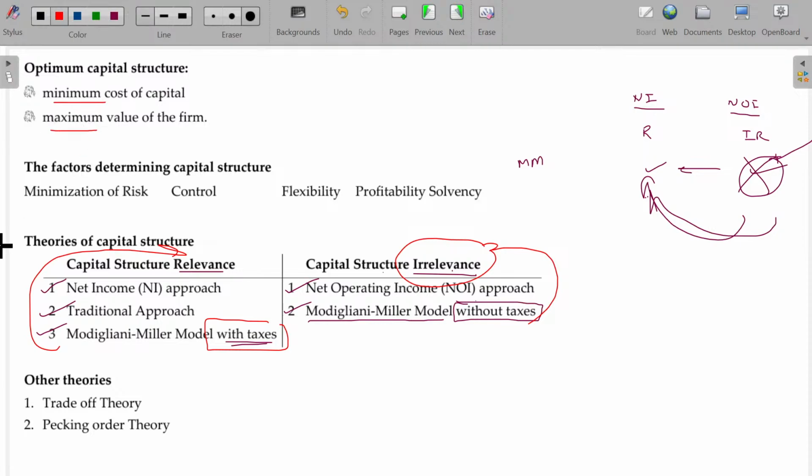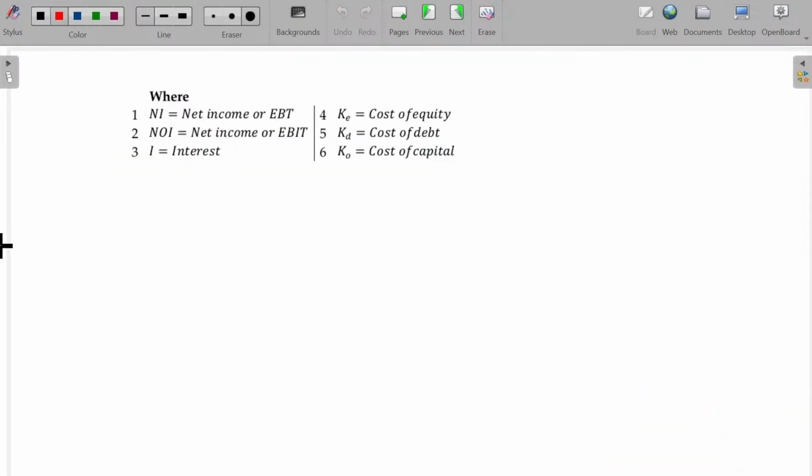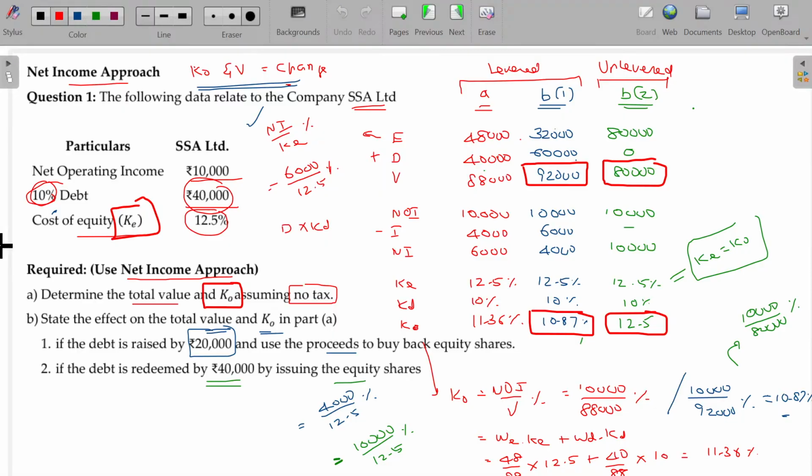Minimum cost, maximum value. Both are interlinked. If the cost KO is decreasing, value will be increasing. The denominator in the value is the KO, no. So boosting the value is the ultimate goal. So under the traditional approach, lots of combinations will be worked out to find out which value will be the highest. That combination capital structure is finalized. Is that clear? Come on, make a note of it.